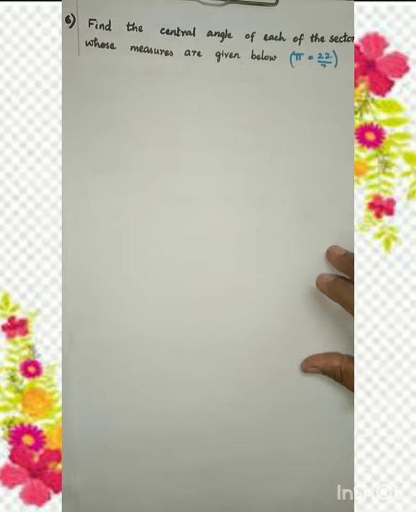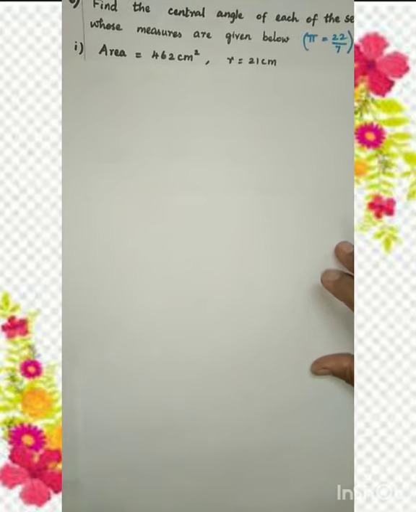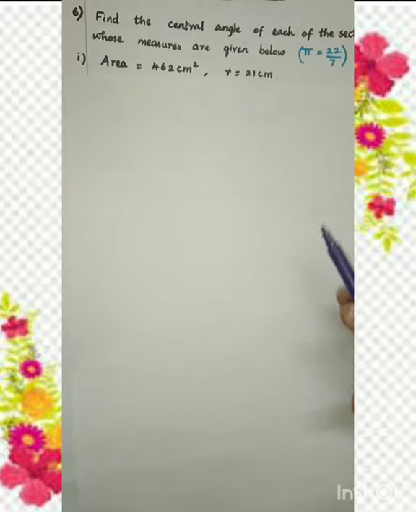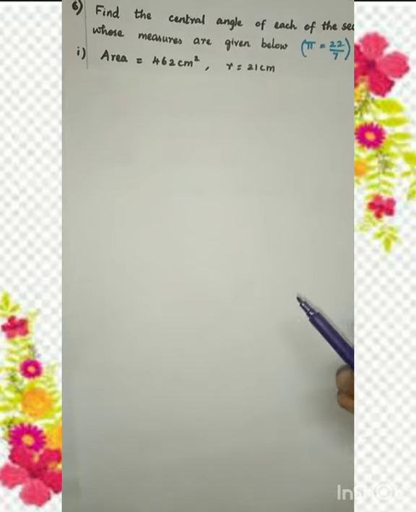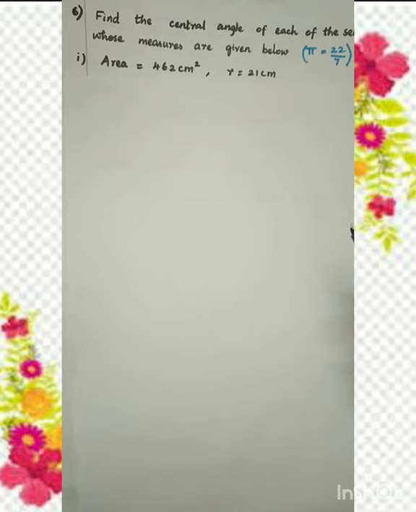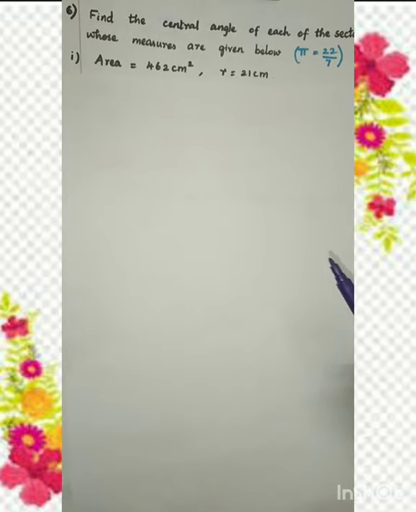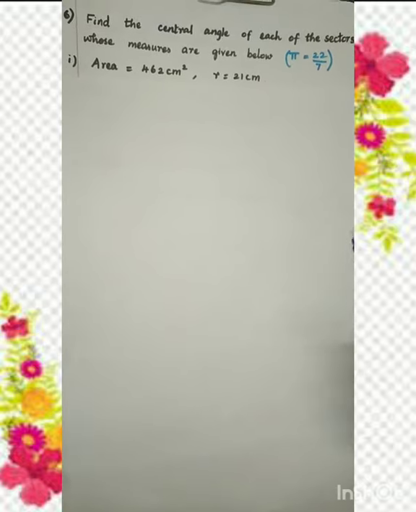Sixth problem. Find the central angle of each of the sectors, where measures are given below. Pi value is 22 by 7. First subdivision, area equal to 462 centimeter square and radius equal to 21 centimeter. Here area is given, radius is given.